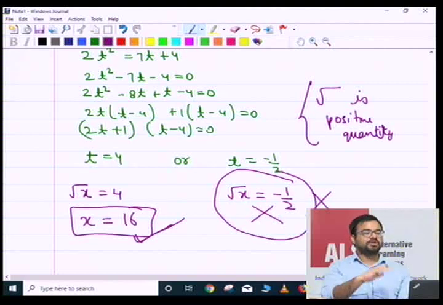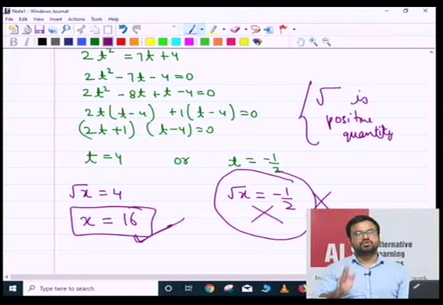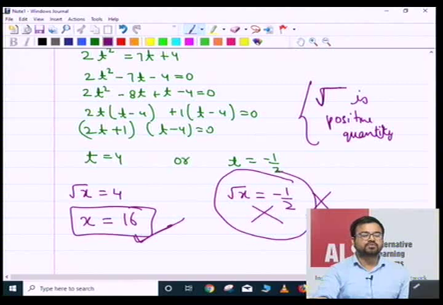Yeah, you can do squaring on both the sides. So you will get x is equal to 1 by 4, but that will not be valid, because if you do squaring on both the sides, first of all you have to make sure, the first important concept, that the output of square root is always positive. It will never give you a negative output.